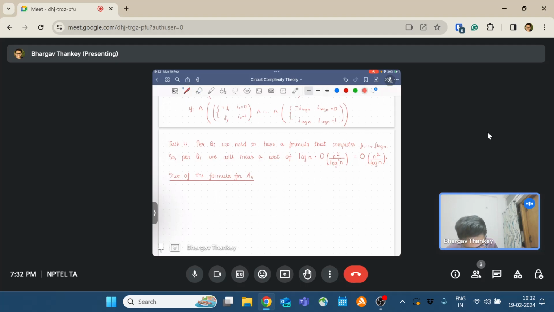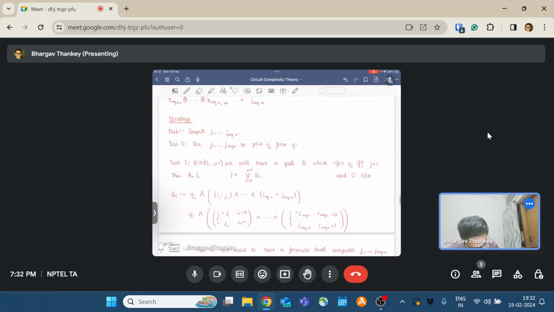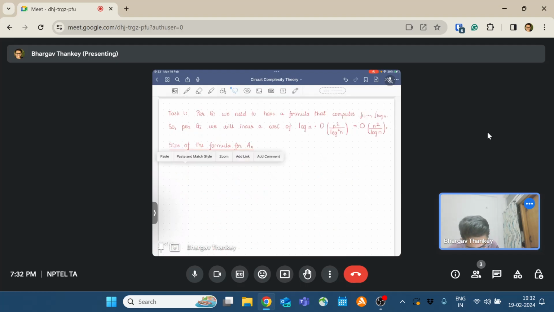I'm just going to copy this. AN is just the OR of all the GIs, right? This we saw.